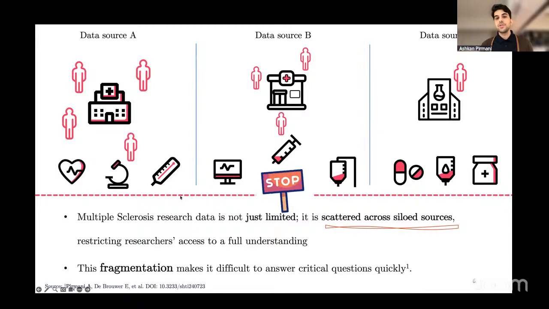This fragmentation not only limits the scope of the research, but also creates bottlenecks in accessing a full understanding of the disease. And this is particularly challenging for multiple sclerosis, where limited valuable insights are scattered across different isolated datasets.